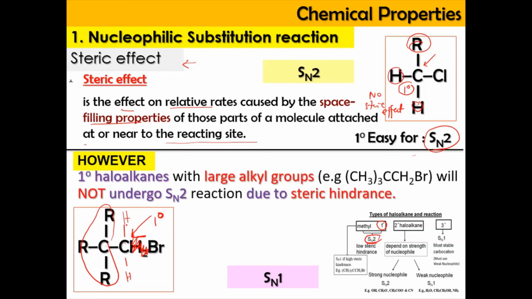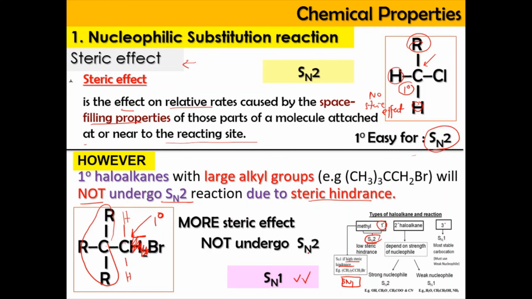However, this primary haloalkane has a very large alkyl group, and this causes the primary haloalkane not to undergo SN2. It is not the same as the one above, and this is due to steric hindrance. So a primary haloalkane with high steric hindrance, for example CH3CCH2Br, will undergo the SN1 mechanism instead. Because of the greater steric effect, it will not undergo SN2 but will undergo SN1.